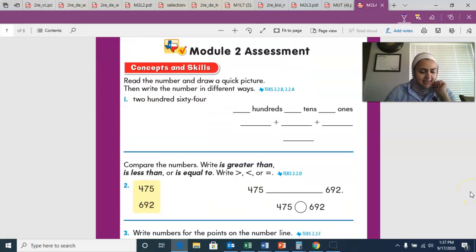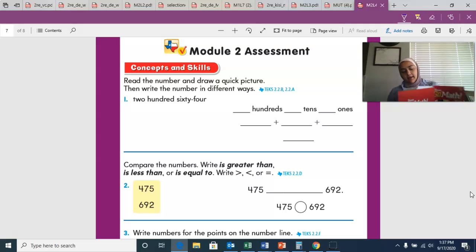What test? How does the test look? Where is the test? I sent it home with you during the drive-by pickup. Okay, it looks like this, but it says Module 2 at the top. Okay, it's one of those printout papers. I had it somewhere laying around here, but I have a mess going on over here.